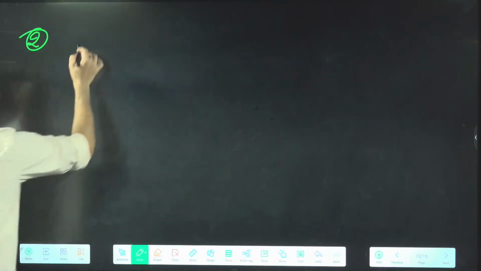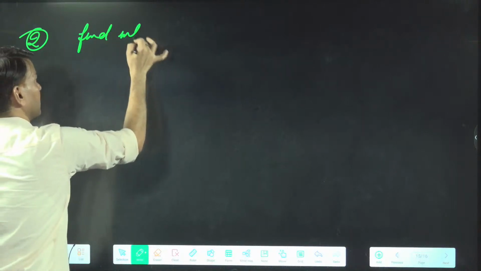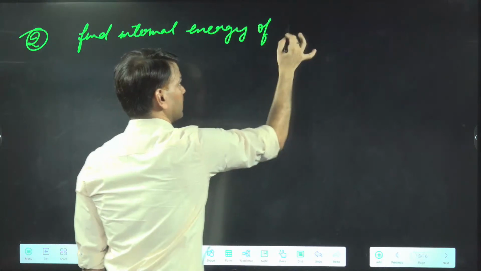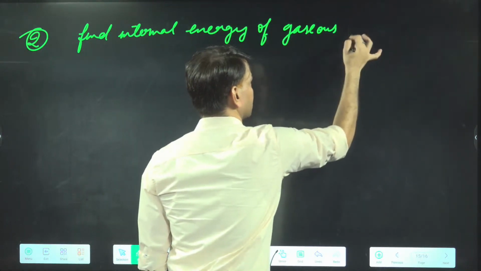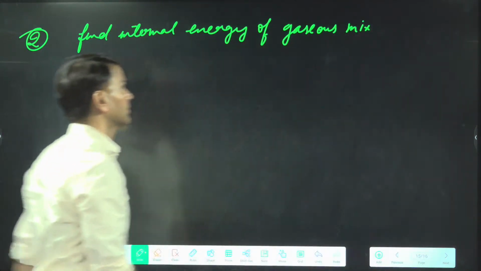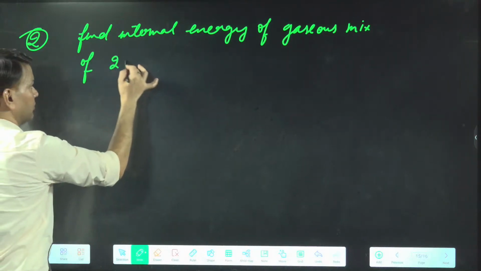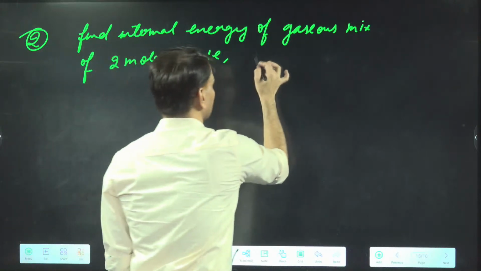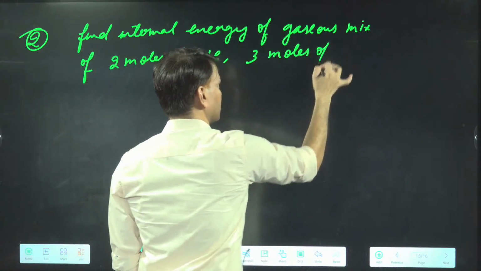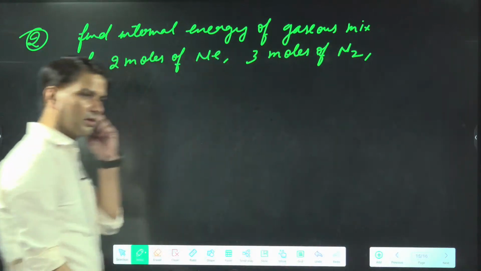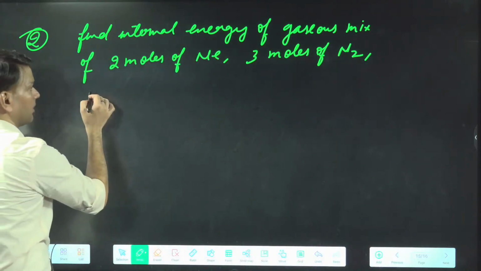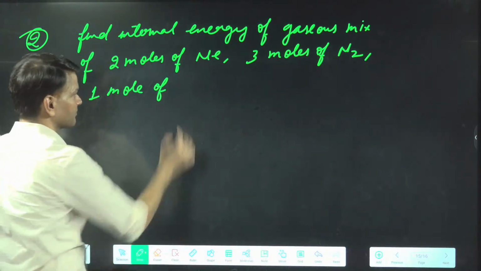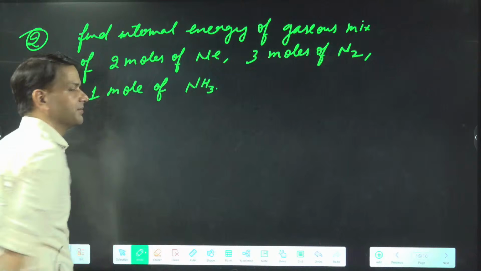Next question. Find the internal energy of a gaseous mixture of 2 moles of neon, 3 moles of nitrogen, and 1 mole of, suppose ammonia I am taking, NH3.